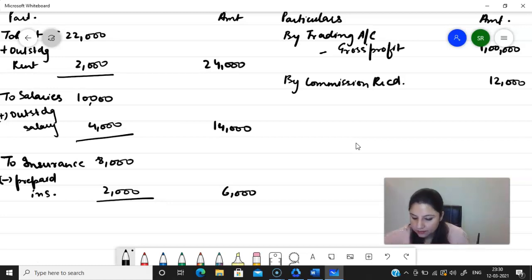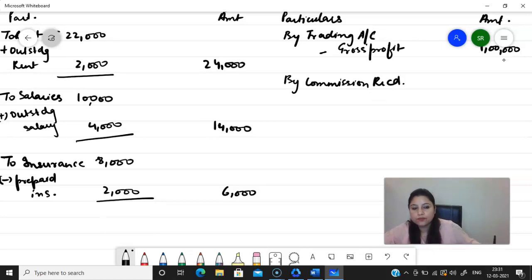After that we have interest credited, so we will be accounting for such interest credit. In the commission received, we also have one of the adjustments that specifically mentions that commission has been received in advance amounting to rupees 2000, and such commission does not belong to this particular year, therefore we will be reducing that commission from the P&L account.